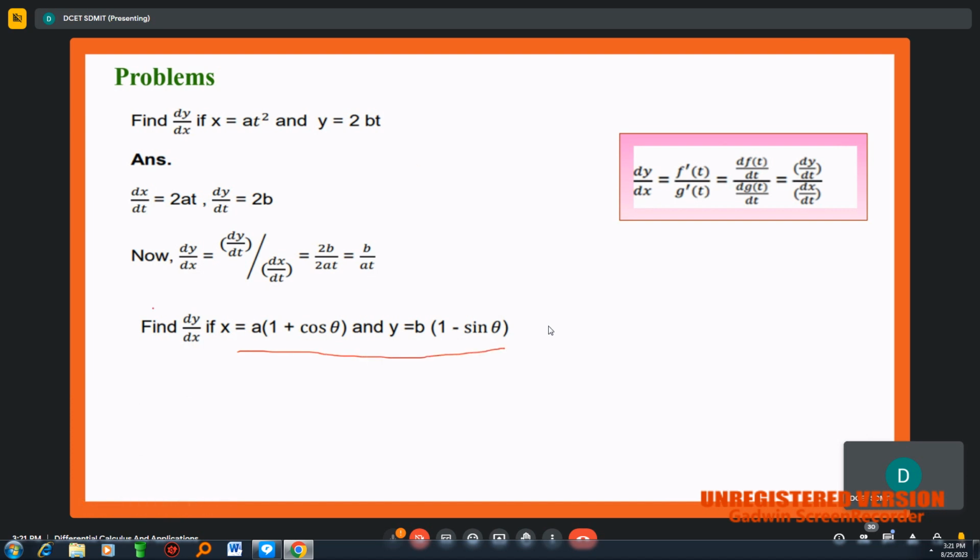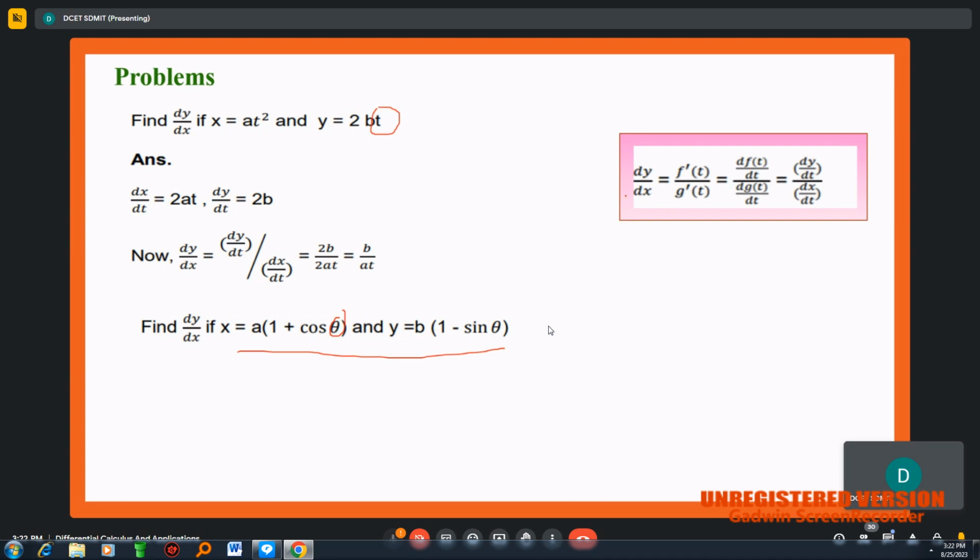Now, what is the dy by dx? In the previous problem, x and y were defined with t variable. In this problem, x and y are defined with theta variable. So we are considering dx by d theta and dy by d theta.